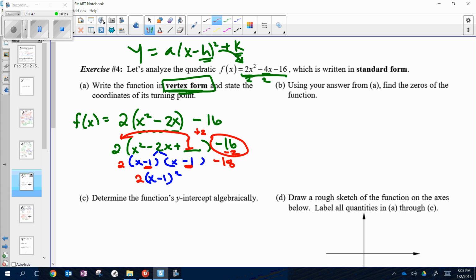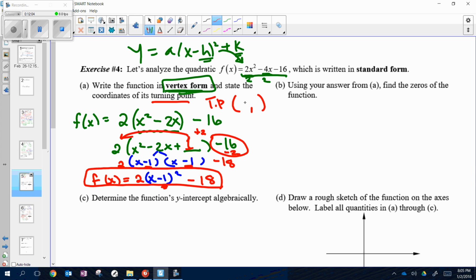Sneaky, sneaky, got to be careful. So my function is 2(x minus 1) squared minus 18. That's vertex form. The turning point then, the TP, looking at that equation, is 1 to the right and 18 down, negative 18. Okay, so using my answer, now find the zeros.